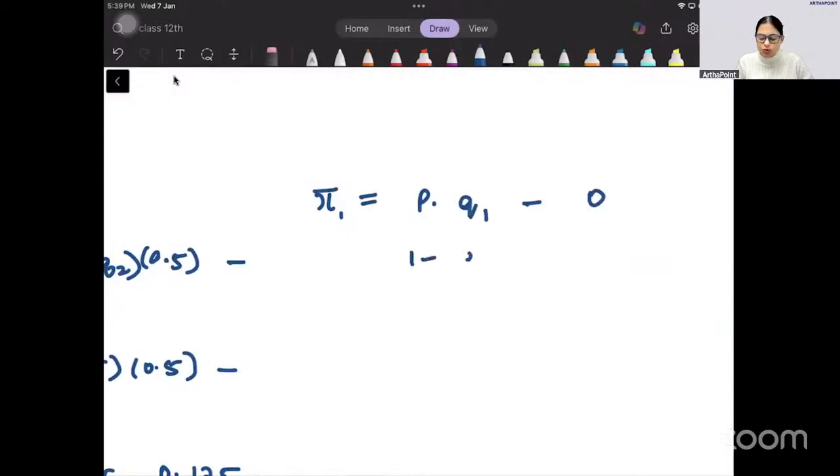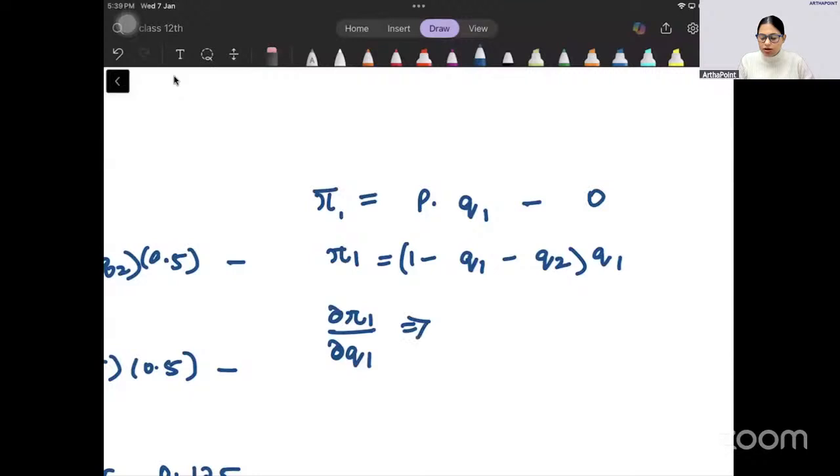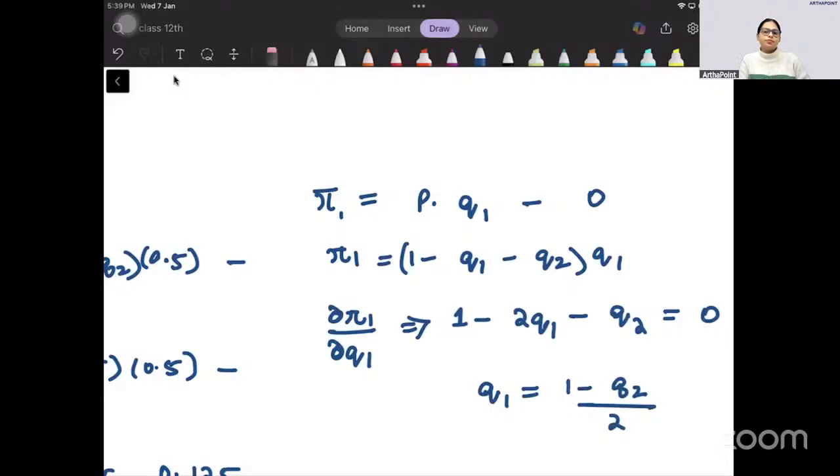So price is 1 minus Q1 minus Q2, into Q1. Differentiate this with respect to Q1 and you will get 1 minus 2Q1 minus Q2 equal to 0. Q1 equal to (1 minus Q2) by 2.